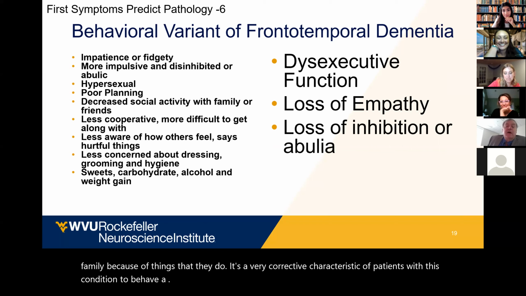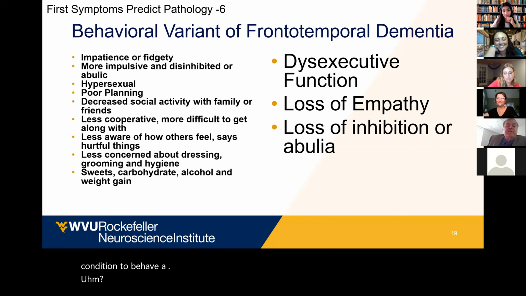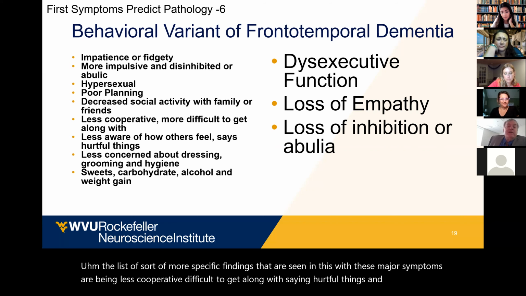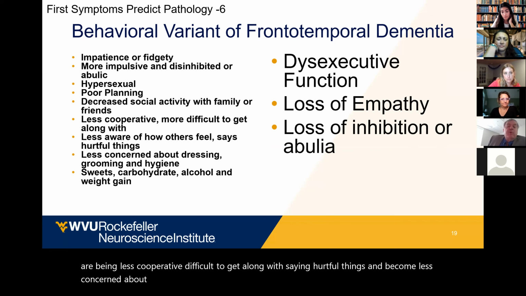The more specific findings seen with these major symptoms are being less cooperative, difficult to get along with, saying hurtful things, becoming less concerned about addressing behavior, and poor planning. Hypersexuality is also not uncommon.